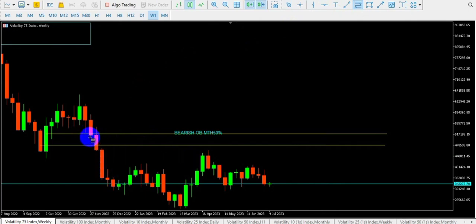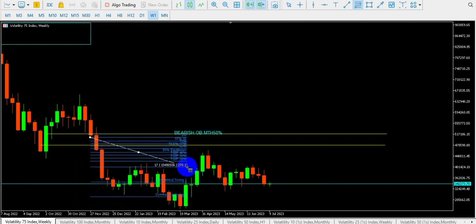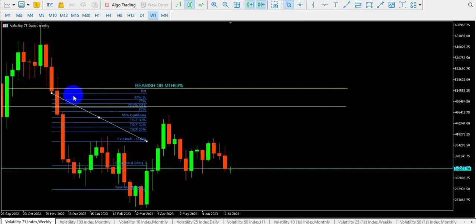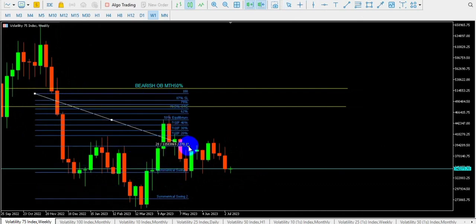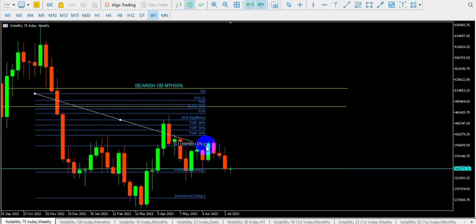So we are working with the weekly time frame. We want to see what happened and why price was doing what it was doing. Look at the fair value gap.